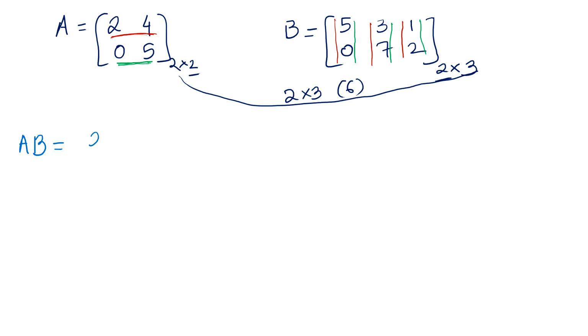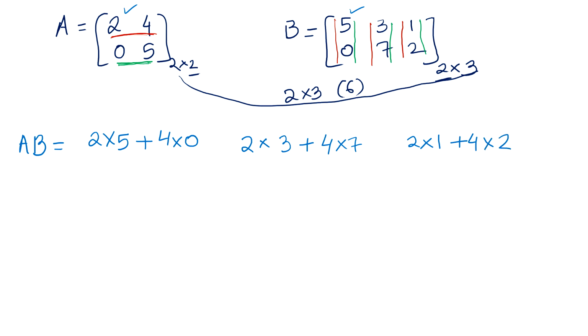Start with 2 times 5, and then there's a plus between them, plus 4 times 0. So 2 times 5 plus 4 times 0, that's our first element. Second element, 2 times 3 plus 4 times 7. Next, 2 times 1 plus 4 times 2.